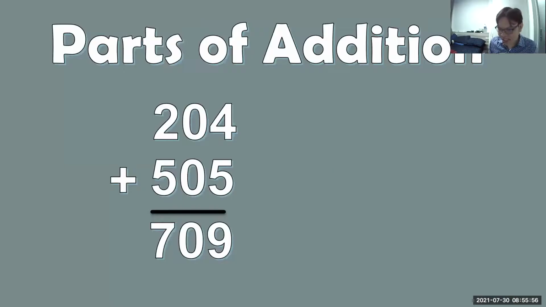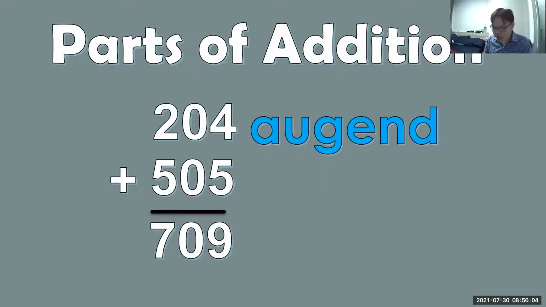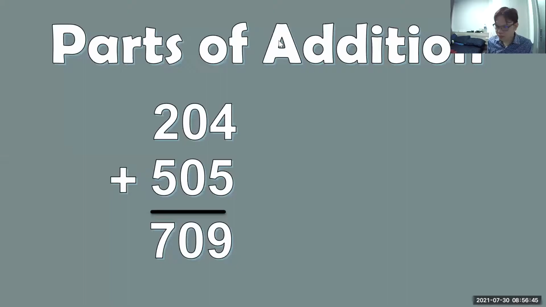Okay, let's continue. Now, what are the parts of addition again? Sorry, this is not addition. Let me edit this one. Now remember, what are the parts of your addition again?